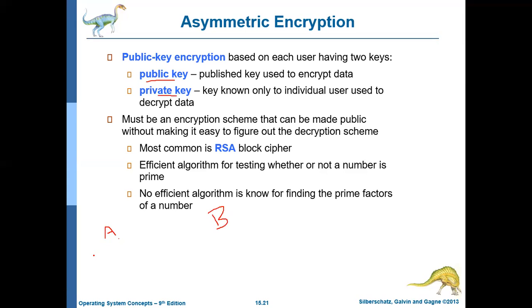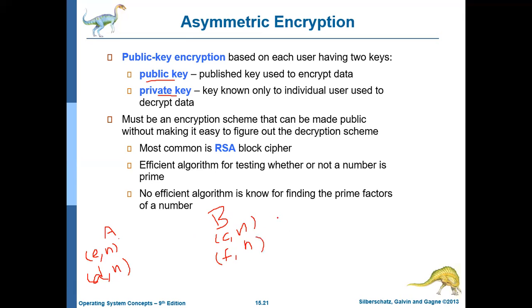Say Alice's public key is E comma N, and Alice's private key is D comma N. Say Bob's public key is something else, C comma N, and his private key is F comma N. So this is Alice's public key E comma N, and this is Alice's private key D comma N. This is Bob's public key C comma N. This is Bob's private key F comma N.